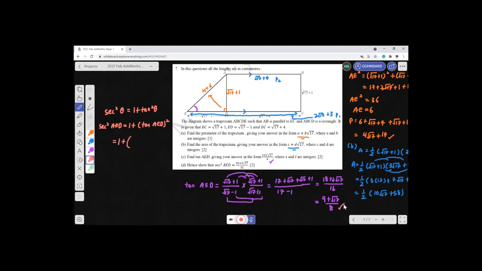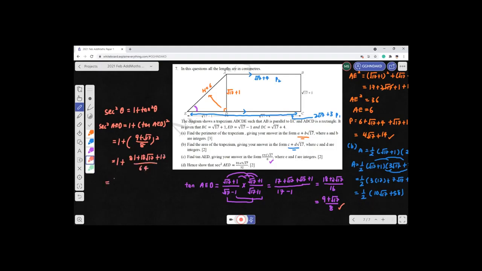This is it. So I substitute in (9 plus √17) over 8, squared. So 1 plus, on the top I square it, I get 81 plus 18√17 plus 17 over 64.